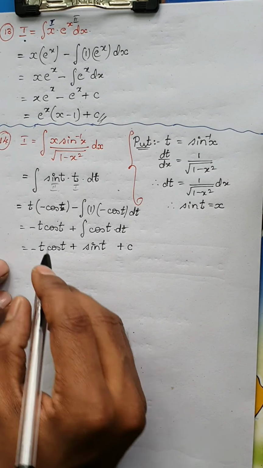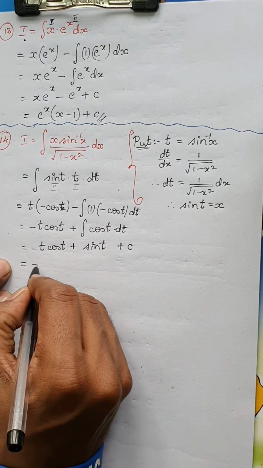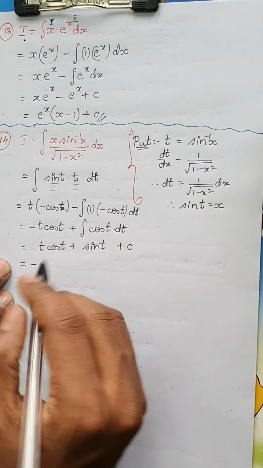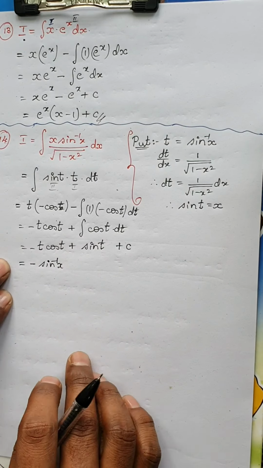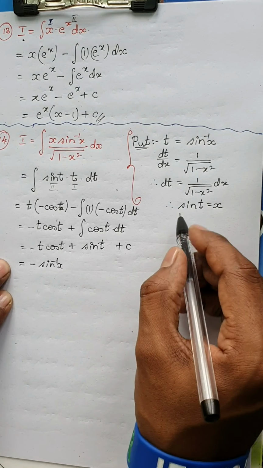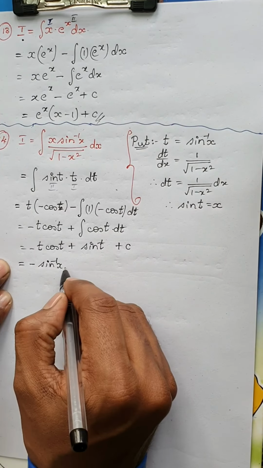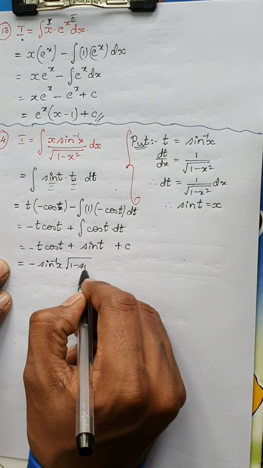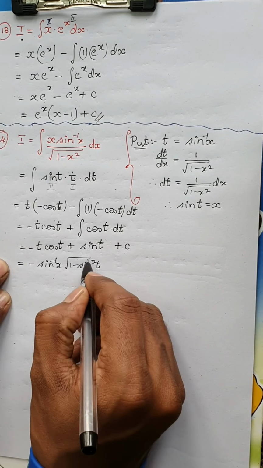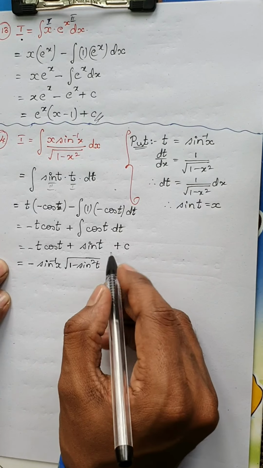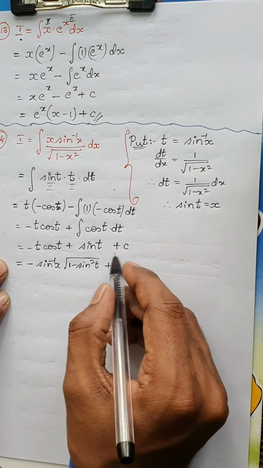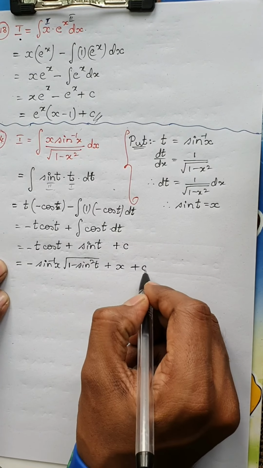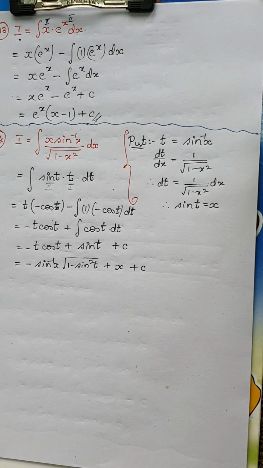Now let us replace back for t. This is nothing but minus of what is t? We know t is sin inverse x. Now I have cos t here. We know that cos t is nothing but root of 1 minus sin square t, isn't it? We can write cos t as root of 1 minus sin square t plus, now sin t is nothing but x, plus c, which is the constant of integration.